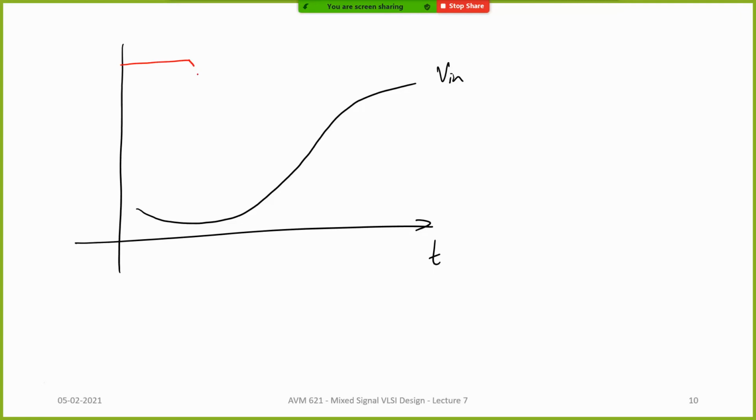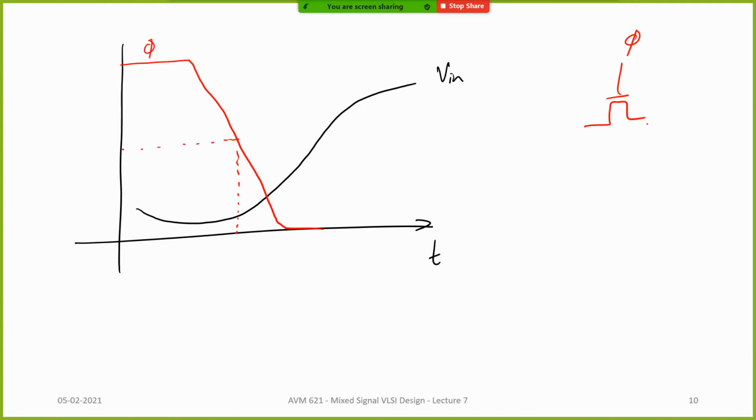Let's say the clock waveform is going like this. Usually the middle of the clock transition is your sampling instant. Now I'm talking about a normal transistor, just an NMOS, and you're having this spike.